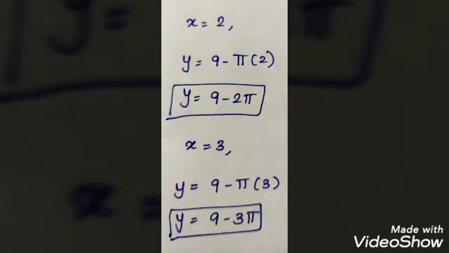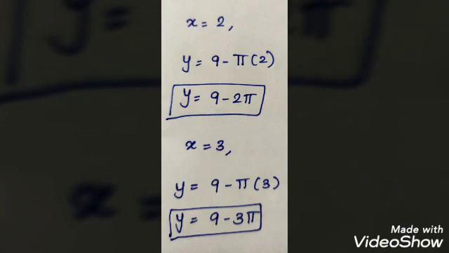Next, x is equal to 2. So y equal to 9 minus pi into 2, in the place of x we are putting 2. So y equal to 9 minus 2 pi. Next, x is equal to 3. So y equal to 9 minus pi into 3, in the place of x we are substituting 3. So y equal to 9 minus 3 pi.